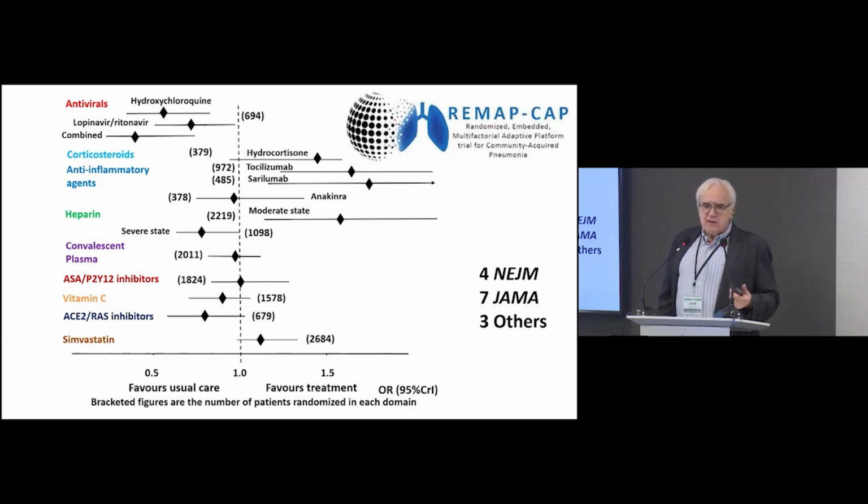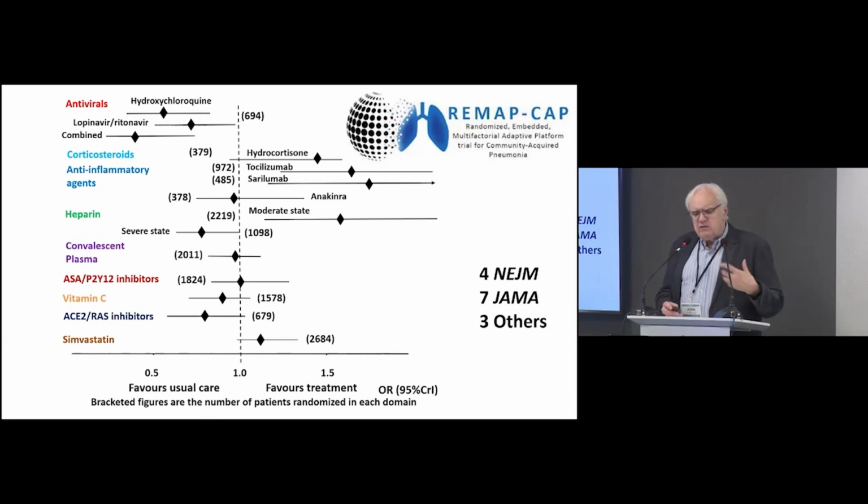Anti-inflammatory agents, IL-6 receptor antagonists, and it didn't matter which one, were beneficial for patients. On the other hand, IL-1 receptor antagonist in this population wasn't beneficial. We saw a dichotomy in the response to heparin, depending on how severely ill a patient was. Saw no benefit for convalescent plasma, no benefit for P2Y12 inhibitors, no benefit for vitamin C, no benefit for ACE2-RAS inhibitors, but a very strong suggestion of benefit for patients who receive treatment with simvastatin.